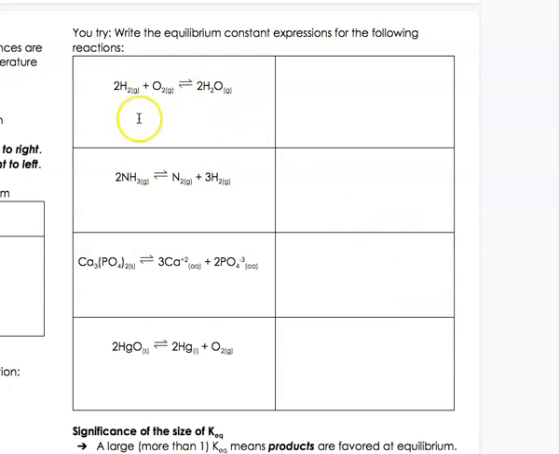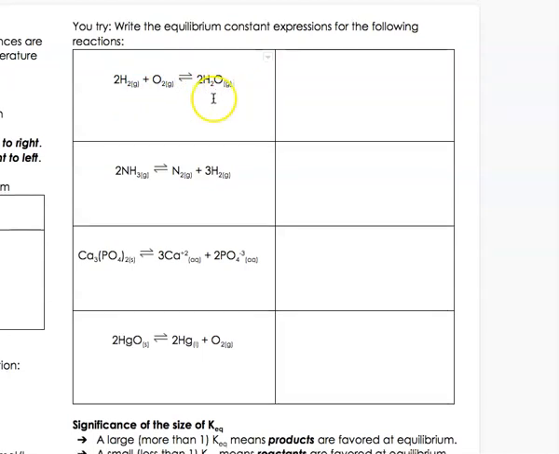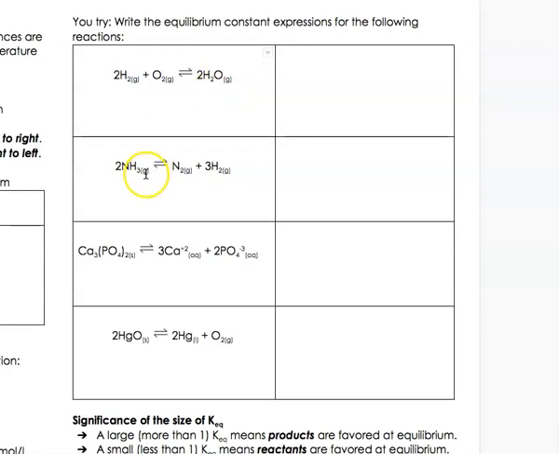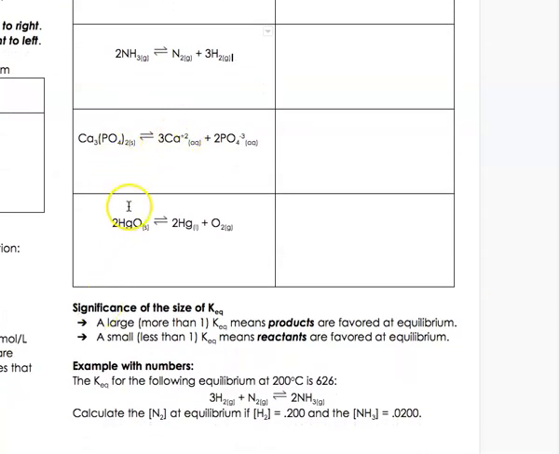So if you look at this first example, we have a gas, we have a gas, we have a gas. So all of them are included in the expression. In the second example, we have a gas and a gas. So you'll include those in the expression. However, for these last two, we don't include the solid because that's one of the rules, right?